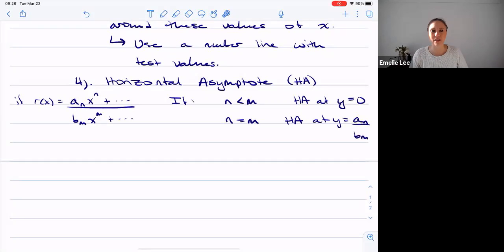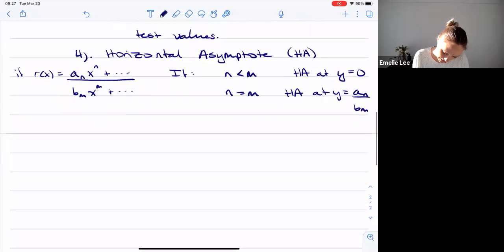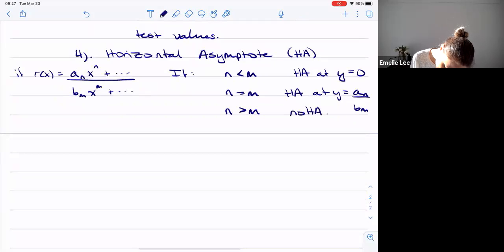Notice that these are the leading coefficients over each other. And if n is greater than m, our last option, then there is no horizontal asymptote.